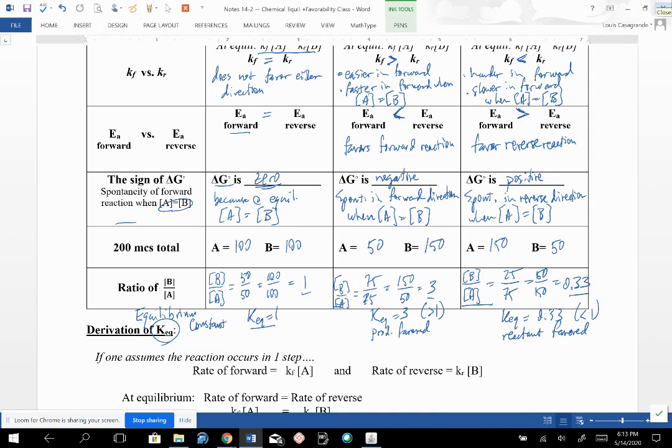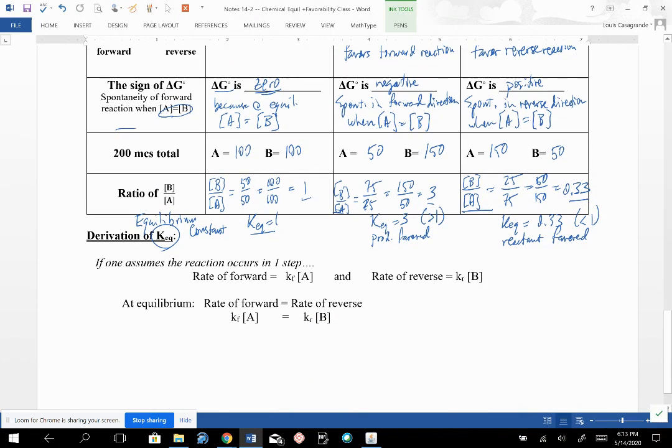So now, let's take a look at how the equilibrium constant actually relates not only the concentrations, but the rate constants of the forward and reverse direction. Again, as we said before, assuming that the reaction occurs in one step, we have the two rates of the reaction, and we're going to set them equal to each other down here.